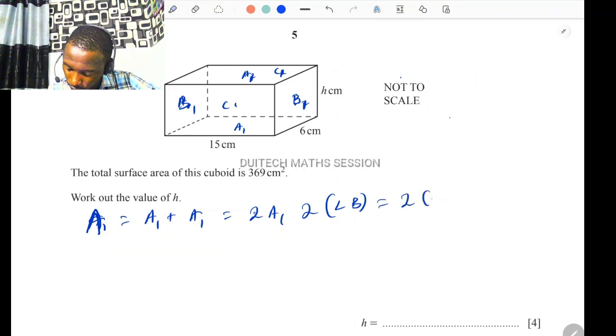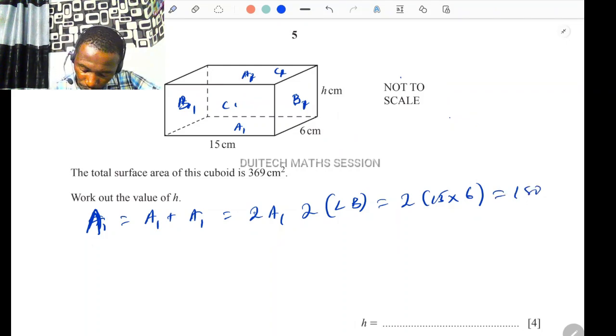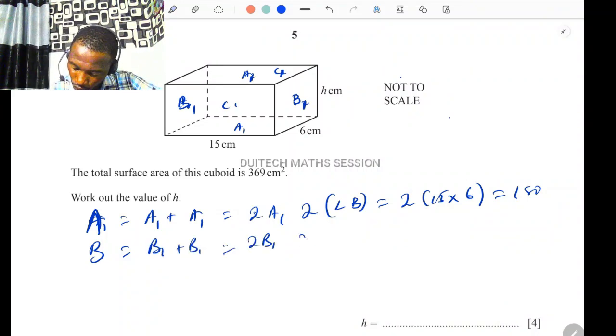So when you take it like that, you have 2 length times 15 times, sorry, times 6, right? 15 times 6 is 90. 90 times 2 will give us 180. So for B we have B1 plus B1, which is equal to 2B1, which is equal to 2 in bracket the length and the breadth.